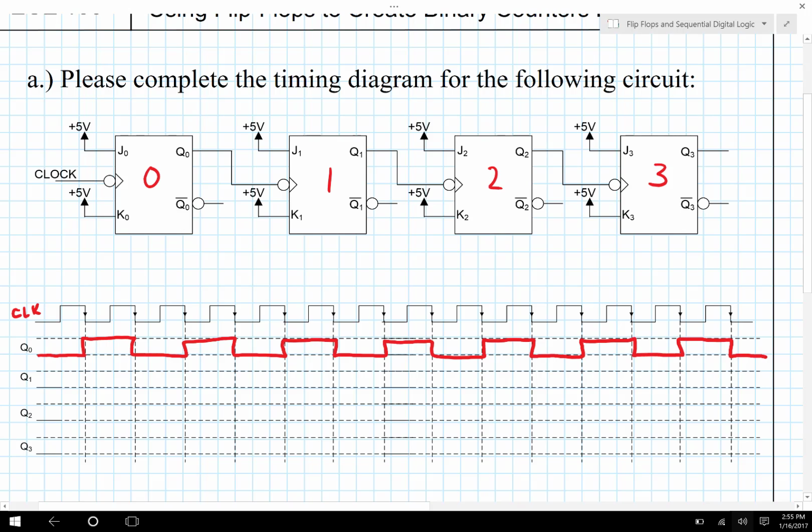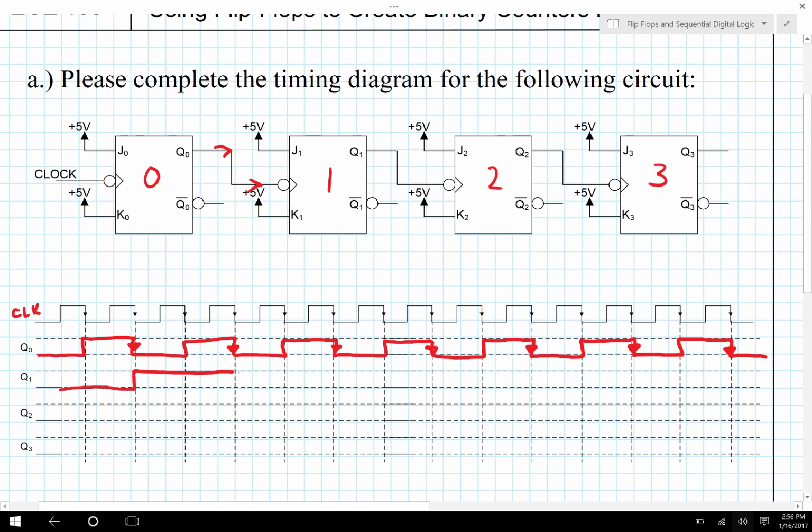Now the output of Q0 is going to be serving as the clock signal for flip-flop number 1. So now I'm looking for active falling edges on that clock signal. So I'm identifying those active falling edges here. And those will now serve to identify the transition points for Q1.